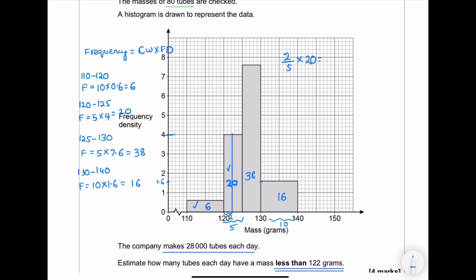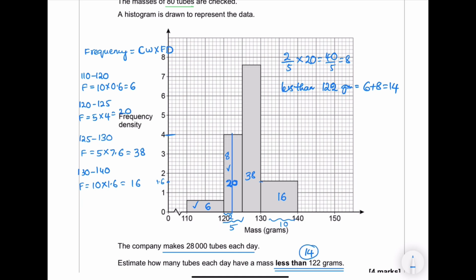So 2 out of 5 times the total frequency: we require only 8 in this bar, and then 6 from the previous bar. If you add them together, that will be 14. So 14 of the tubes have less than 122 grams in them out of 80.